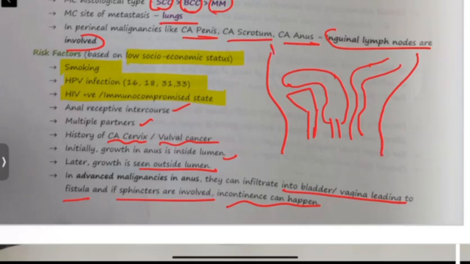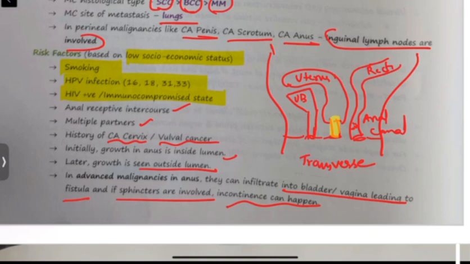So this is a transverse section, we are looking from the side. This is the urinary bladder, this is the uterus, this is the rectum, anal canal. So if the anal canal is involved, what all possibilities are there?